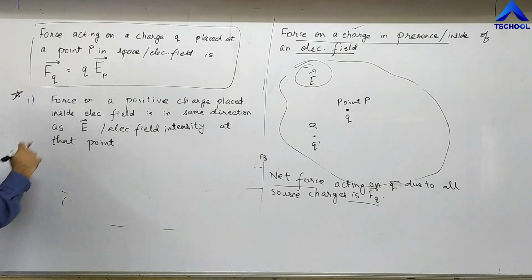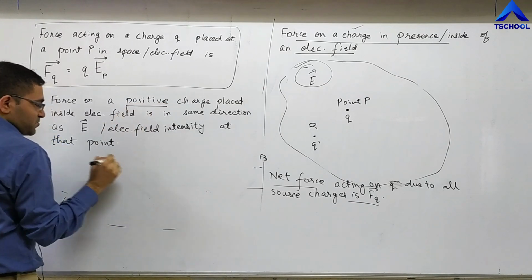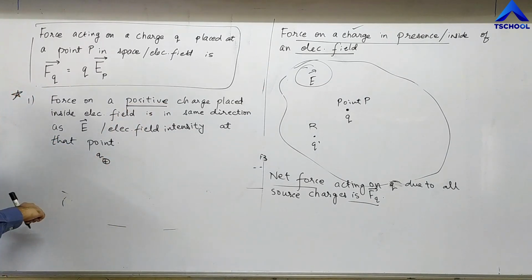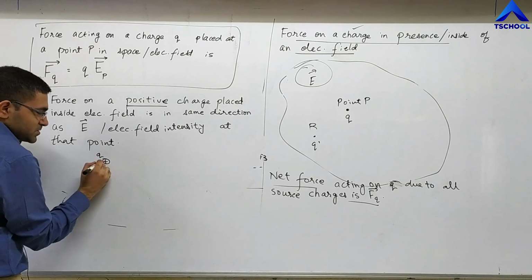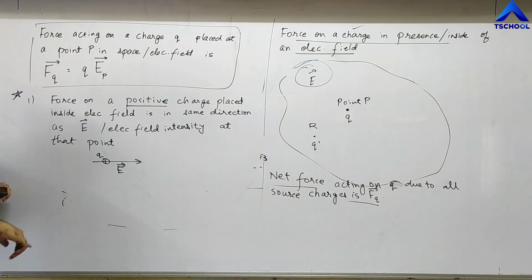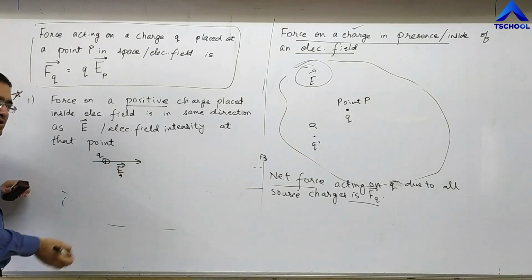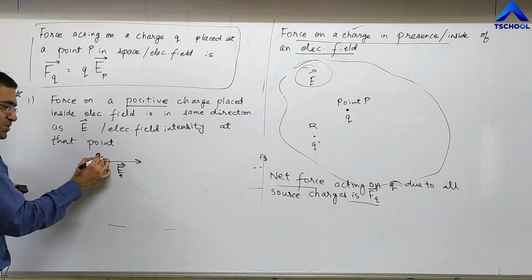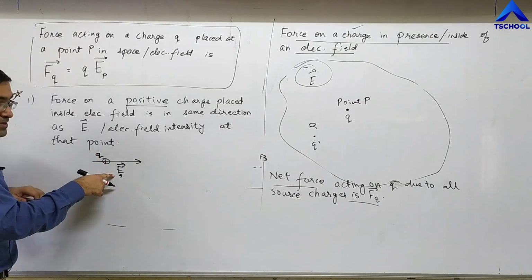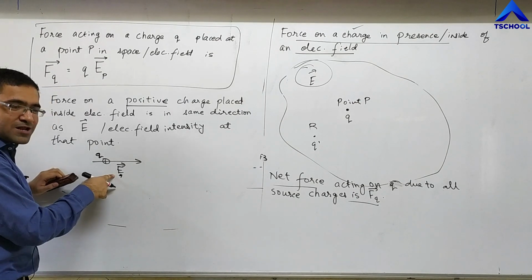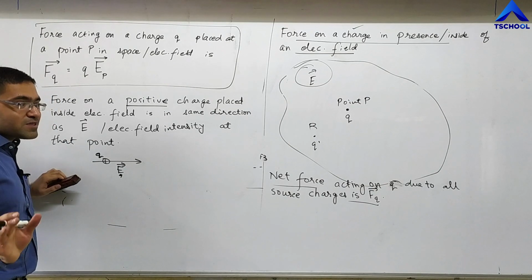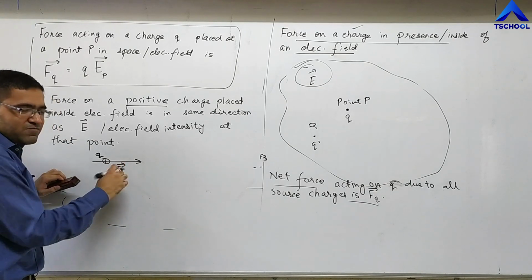Well, what am I saying? Let's say there is a positive charge Q which is placed over here, and at this place suppose the direction of the electric field is towards the right hand side. Then because of this electric field, the charge Q will experience a force. Who has created the electric field? There are some other source charges, but we don't even bother where they are, because if you know the electric field, that's it.